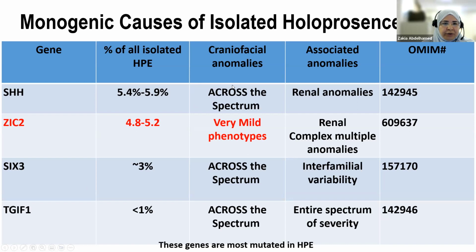According to the incidence, sonic hedgehog is the most common cause, followed by ZIC2, in order of how often a mutation is discovered in human patients. Craniofacial malformations can range across the spectrum from cyclopia and proboscis and totally malformed faces to microforms like a single median central incisor.